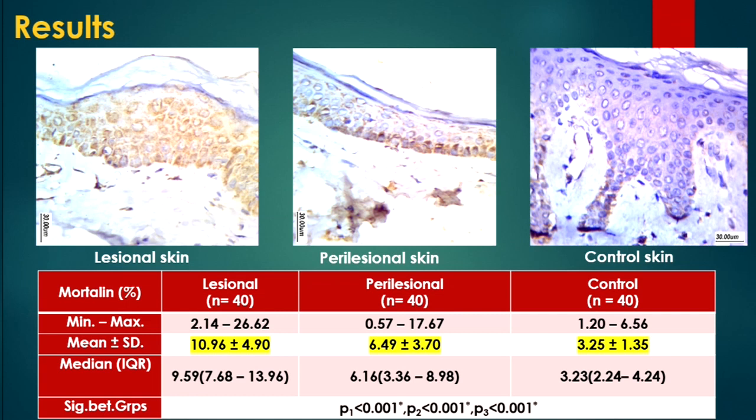The lesional skin group showed the highest expression of Mortalin, with a mean of 10.96 plus or minus 4.9, followed by the perilesional skin group showing a mean of 6.49 plus or minus 3.7, and the least expression was shown in the control skin group with a mean of 3.25 plus or minus 1.35. There was a statistically significant difference between each two of these three groups, where the p-value was less than 0.001 in each of these sets.